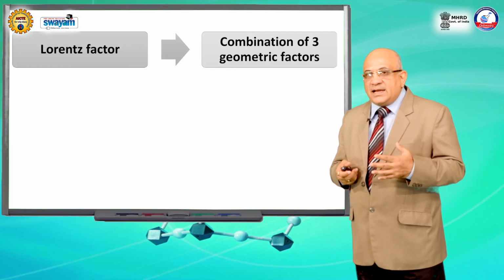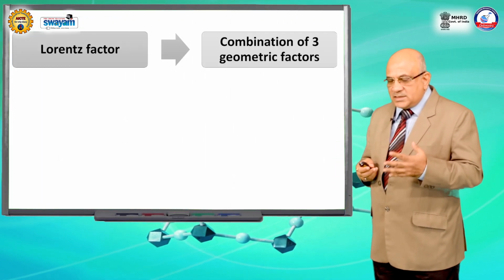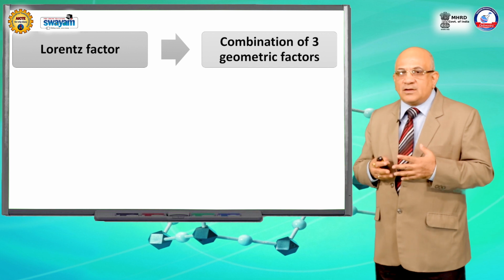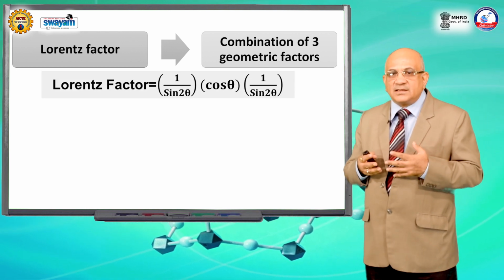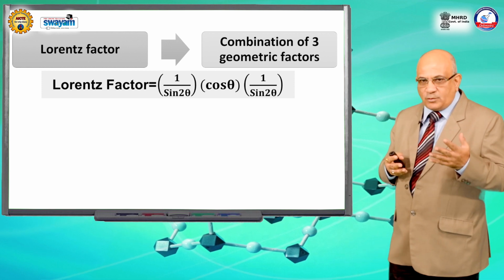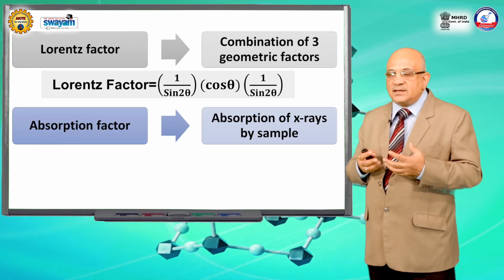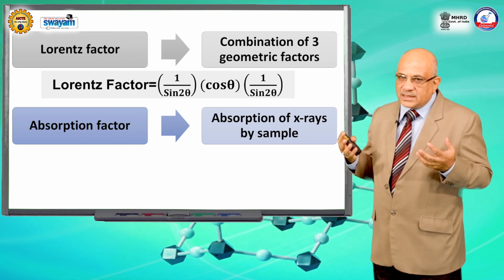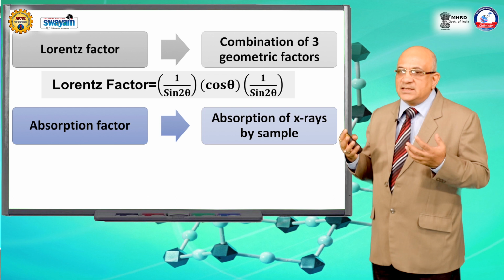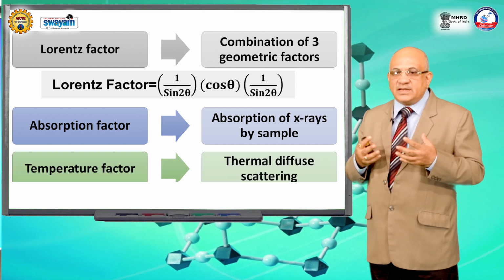You may have to add some additional factors which depend on the geometry and many other things, like the Lorentz factor or the polarization factor, and the absorption factor. The material may absorb X-rays, and so you may have to put in an absorption correction, because that will affect your intensity. And there is something called the temperature factor.